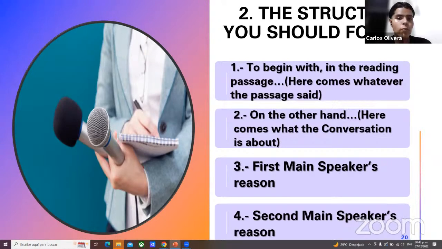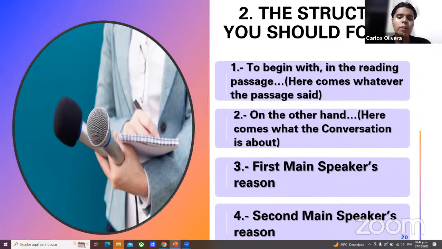This is what I always said, right? When starting my responses, to begin with in the reading passage. And then here comes what the reading passage said. That is to say, your summary of the reading passage. Every single time I mention that sentence, I immediately jumped to my summary of the reading passage. For example, to begin with, in the reading passage, we have seen that the university wants to shut down the fitness center.